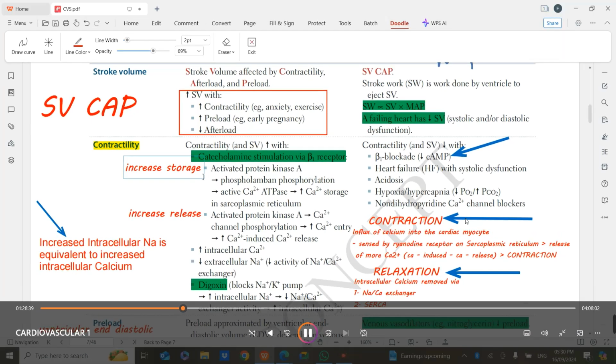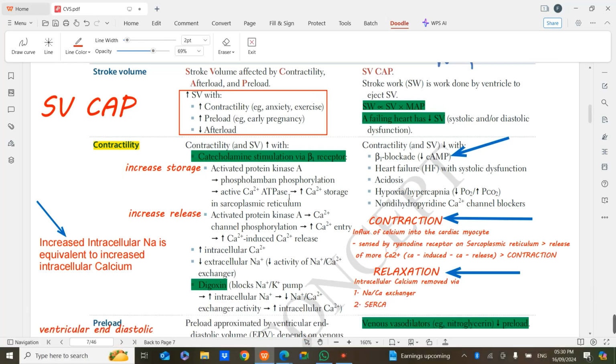So how does the heart store calcium? The heart is going to store calcium inside a particular organelle called the sarcoplasmic reticulum. That is where the heart is going to store the calcium.